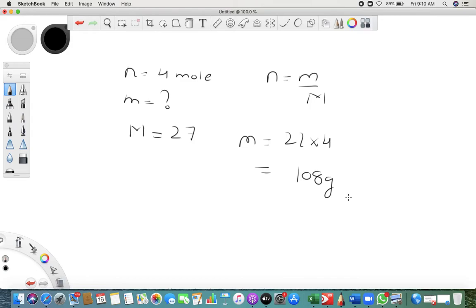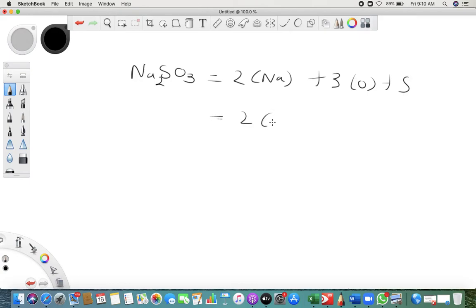Similarly, 10 moles of sodium sulfate. Now first of all we have to find out Na2SO3. So 2 into Na plus 3 into O and 1 S. So 2 Na is 23, 3 into 16, and S we can say 32. Right. So don't worry about these atomic masses of Na, oxygen and S. These numbers we will provide you in the exam.